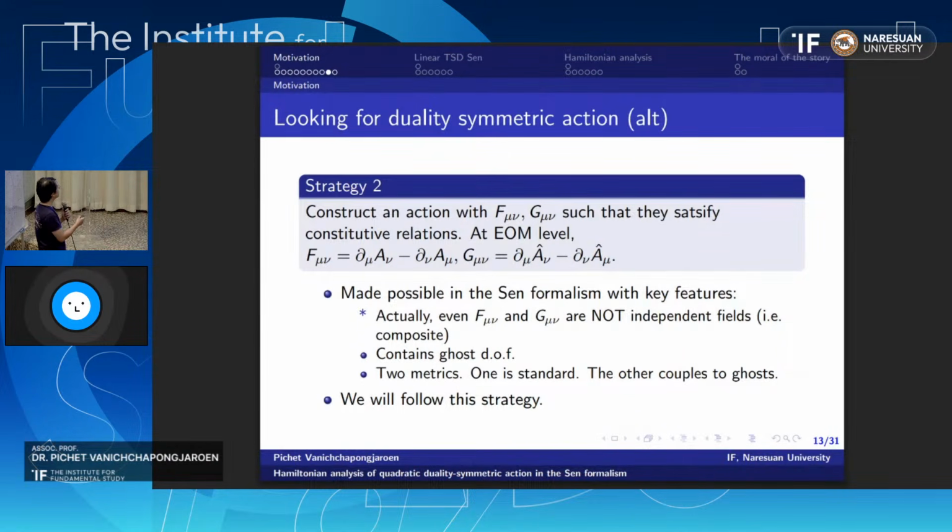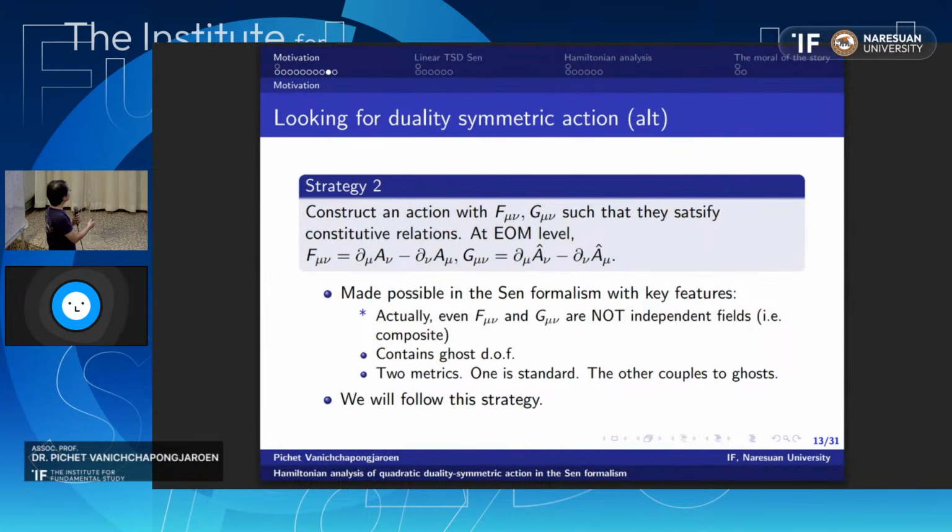We are going to discuss strategy 2, in which we construct an action with F and G that already satisfy the constitutive relations, and at the equation of motion level we realize them as field strengths. This approach is made possible by the Sen formalism, which is relatively more recent.